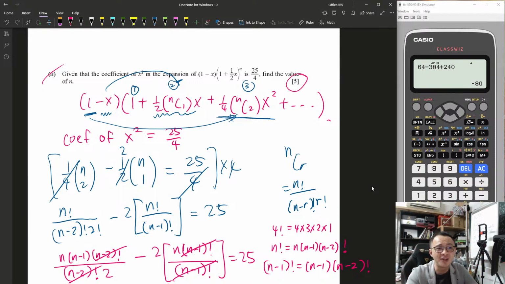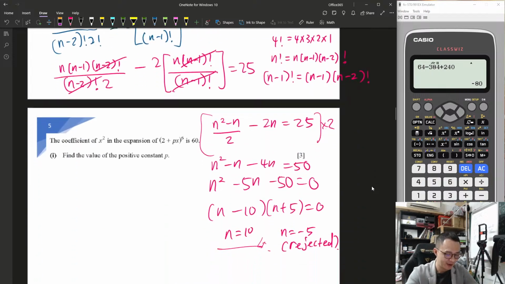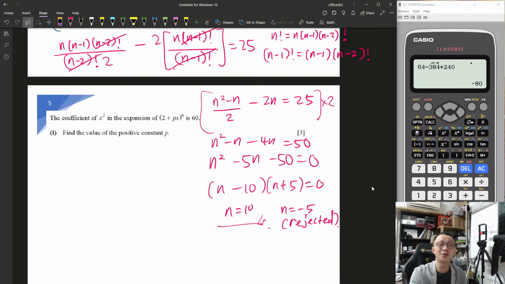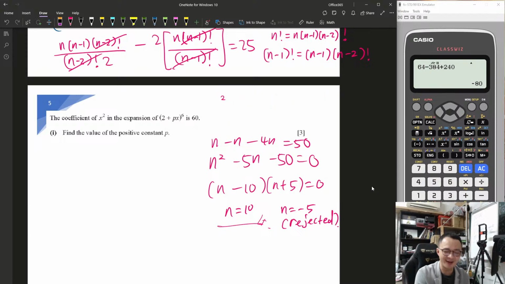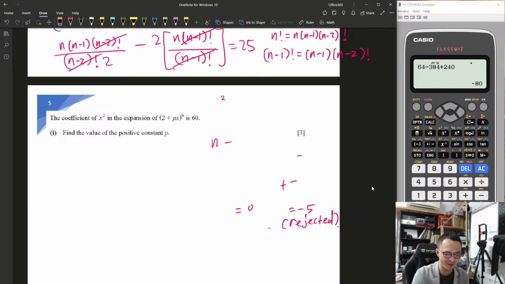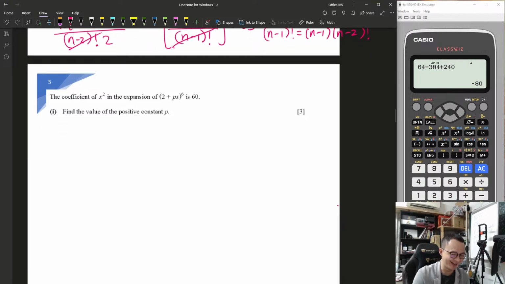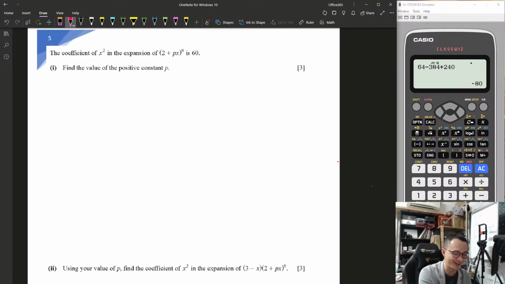If the power is given, normally it's not that hard. You will need to keep on practicing the formula until you're very familiar, then you can do it really fast. Some of you can rewatch the playback because now it's about 55. I planned to do at least up to question 10, but it seems like the time does not allow.